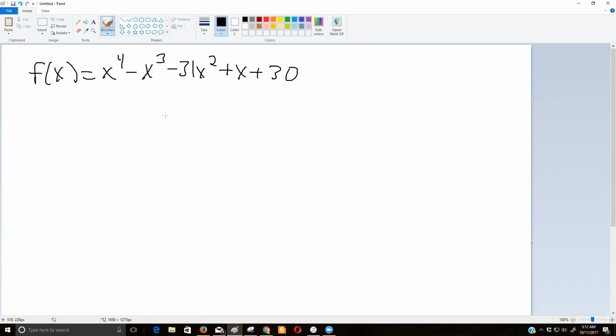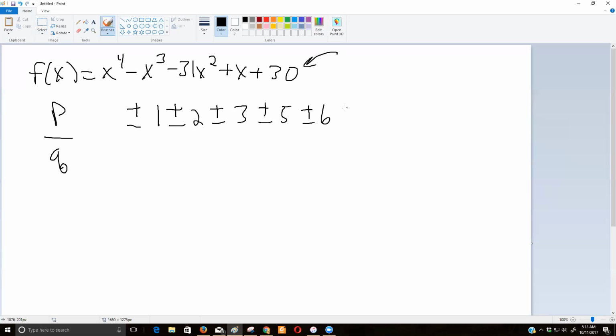So what possible zeros are there here? If you think about that P over Q thing you studied earlier, remember P is the constant term, the last term in your polynomial, and we're going to list all the factors for that. It could be plus or minus 1 and plus or minus 30, plus or minus 2 and plus or minus 15, plus or minus 3 and plus or minus 10, plus or minus 5 and plus or minus 6.